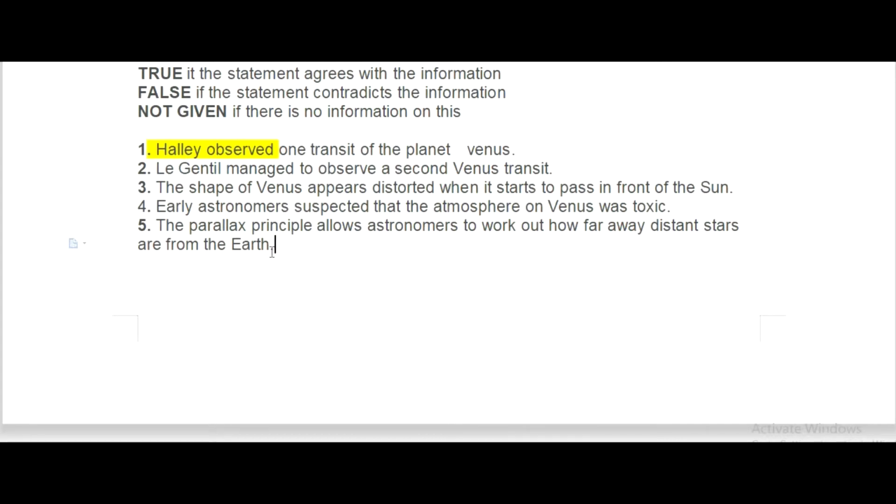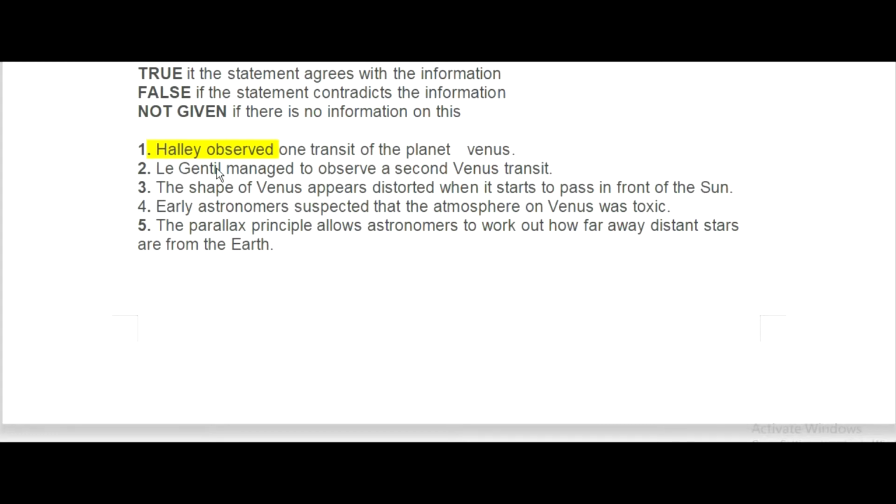Now I have to tell you about an exception about repetitive keywords like transit and planet Venus. The exception is that if you end up finding keywords like Halley or observed, if you have found those other keywords, then it makes sense to look for keywords like transit or planet Venus. Only then.